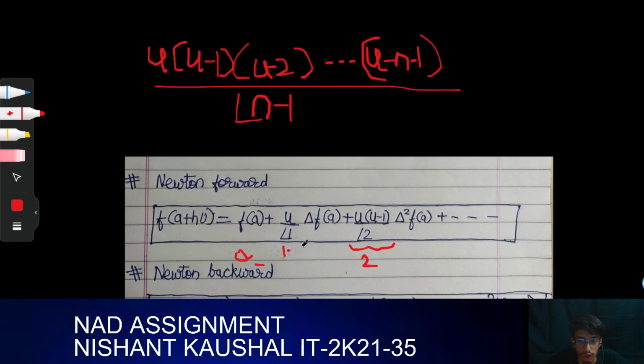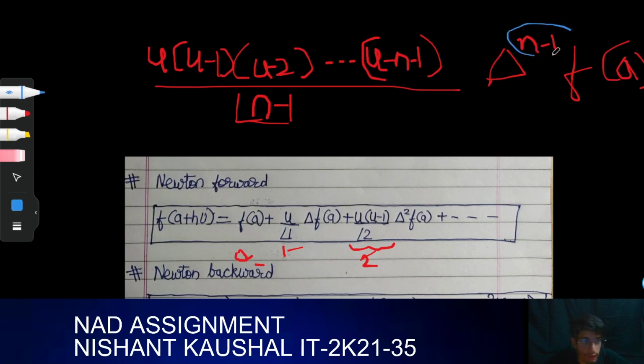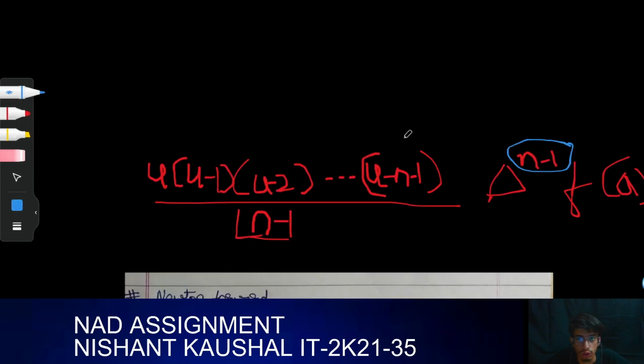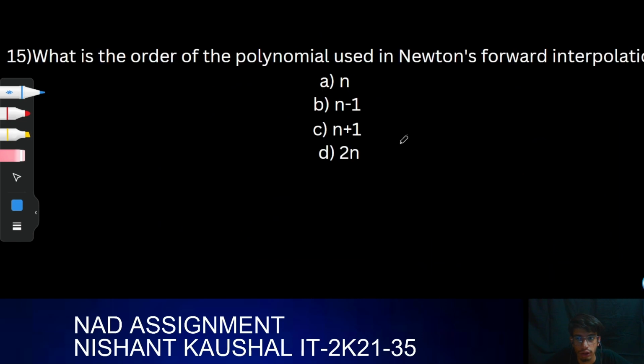It is first, second, third term, so 3 minus 1 is 2, del n minus 1 of fa, right? So if someone asks you about the order, what will it be? It will be this n minus 1. So the answer for the 15th question will be n minus 1.